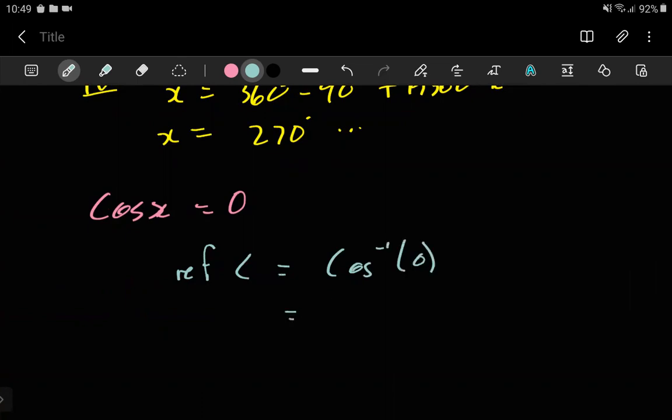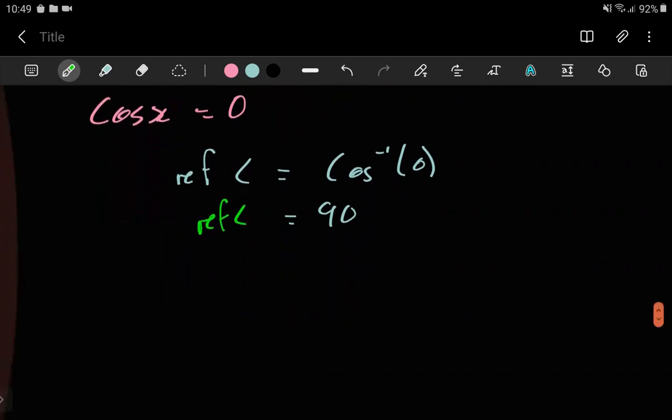From shift cos of 0, we're going to get 90. Now, when you're working with a 0, you basically just work with the parts where this is positive. I know it's weird. So this is our reference angle.